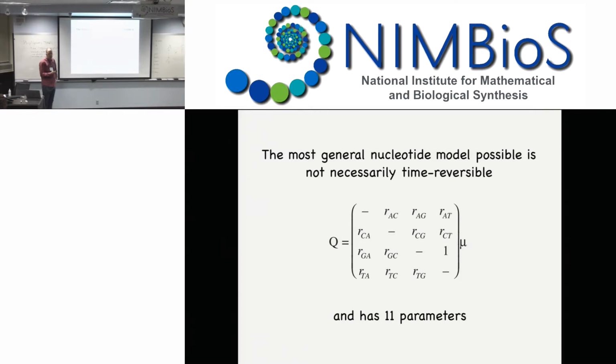You have to solve a particular equation, which is easily solvable, but you'd have to do that so you know how to deal with the root probabilities. But you can do that, and I know Ziheng Yang had a paper in the mid-90s where he used non-reversible models, and I had a paper in the early 2000s where we used non-reversible models. But there's nothing illegal about using non-reversible models. And is that something we have in RevBayes yet? We have it in RevBayes, which is pretty cool.